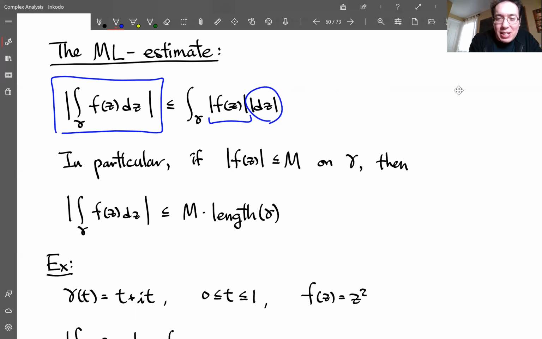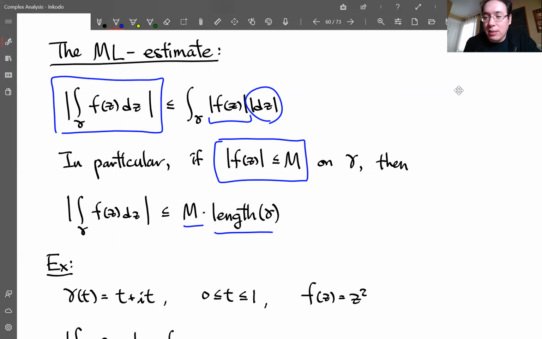In particular, if we can find the maximum value, or some number that's bigger than the maximum, of the modulus of the inside, so make a very crude estimate of how big the function can be, call it M. Then it's a constant, so we can just pull that outside of the integral, and we can compare it with M times the length of the path itself. It's called the ML estimate because M is for the maximum value that we use and L is for the length. So it's telling you exactly how you estimate it with the maximum value and the length.